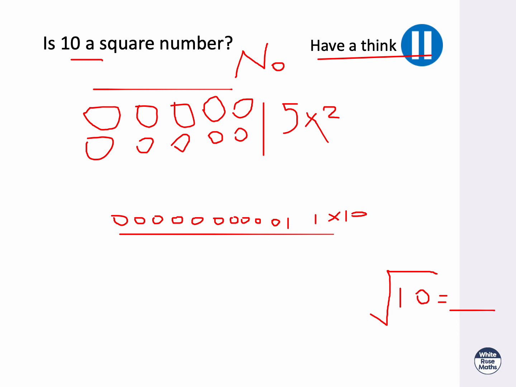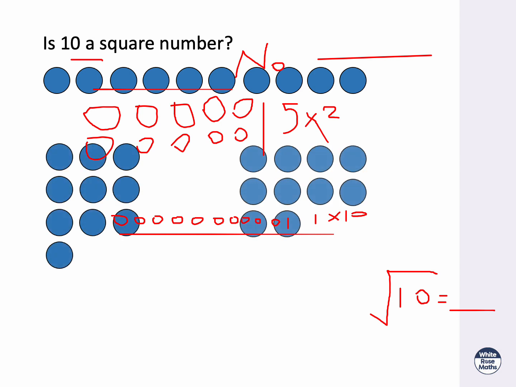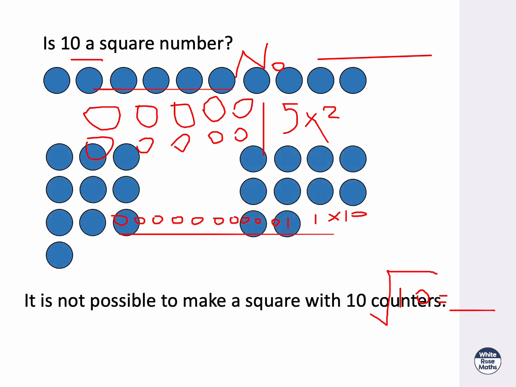For example, 1 times 1 is 1, 2 times 2 is 4, 3 times 3 is 9, 4 times 4 is 16. So here is the arrangement they've made. It is not possible to make a square with 10 counters, so therefore 10 is not a square number.